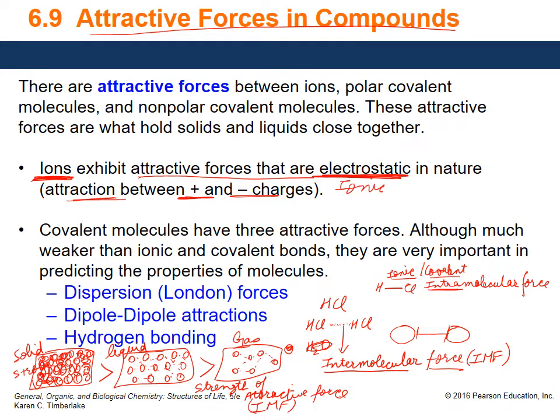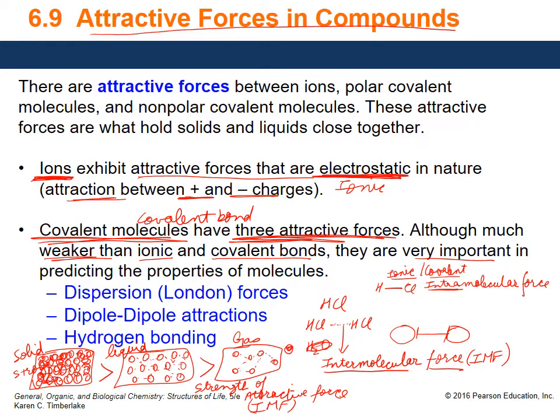In case of covalent molecules, along with the covalent bond that they form, which is again within the molecule, between the molecules there are three other forces of attraction that are present. Although these forces of attraction are much weaker in comparison to ionic bonds and covalent bonds, they are very important in predicting the properties of molecules.